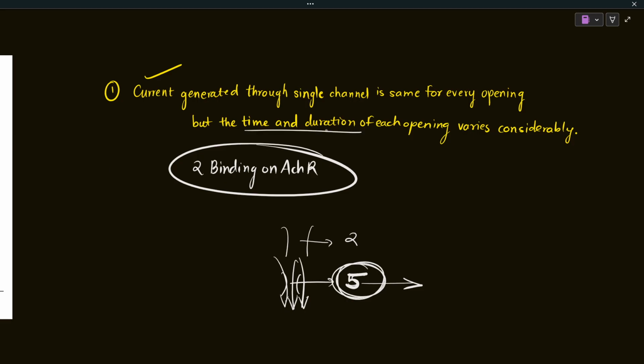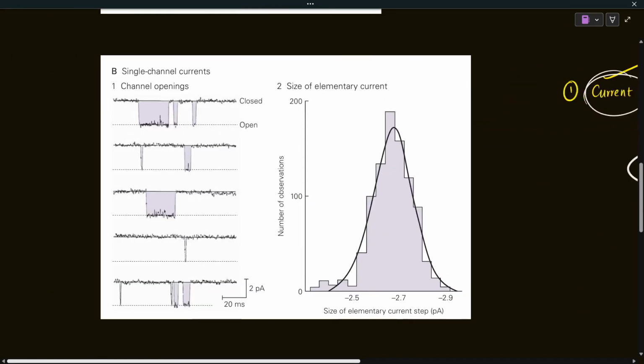Even though the time and duration of each opening varies, the ion channel which opens for 2 seconds and the one which opens for 5 seconds are going to generate the same current. This was a very interesting discovery made by those researchers. So a single acetylcholine receptor is going to generate the same amount of current no matter the time and duration of the opening.